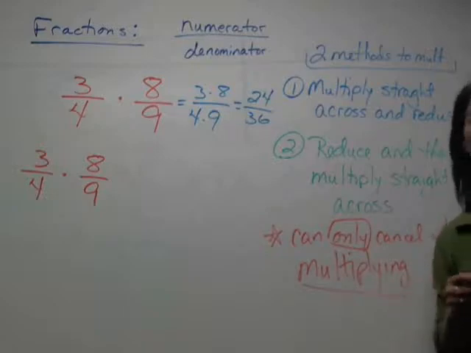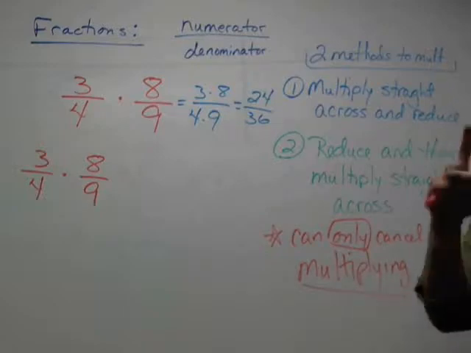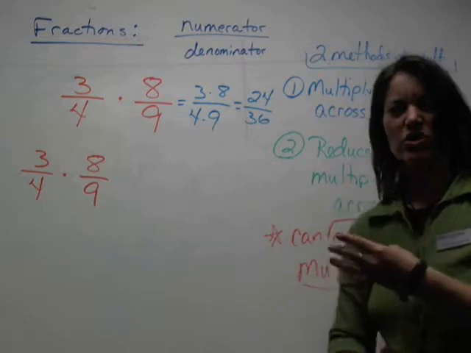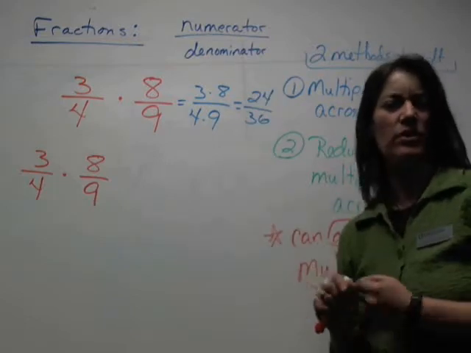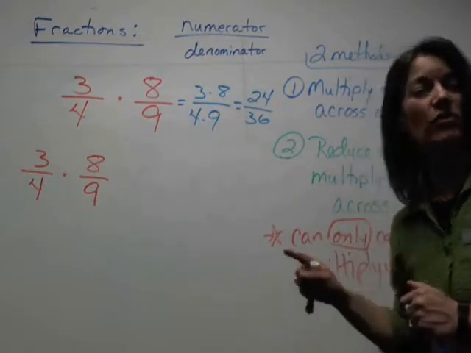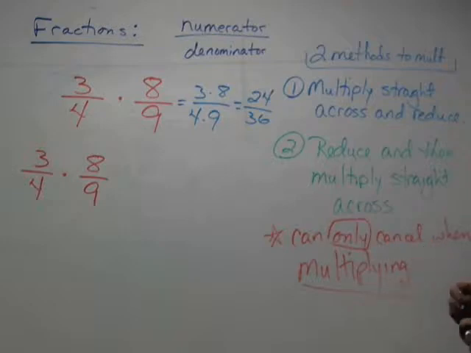Only cancel when we are doing multiplication. So if we are adding or subtracting or dividing or solving, we cannot cancel a number on top with a number on the bottom. This only works when we are multiplying.